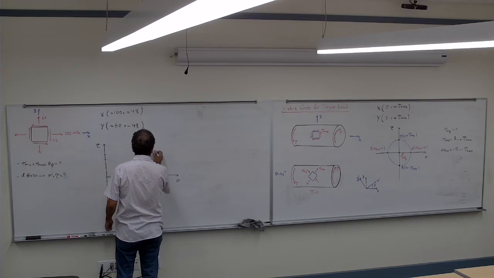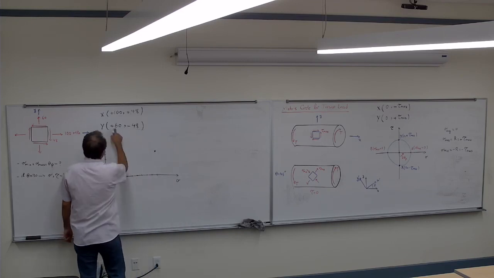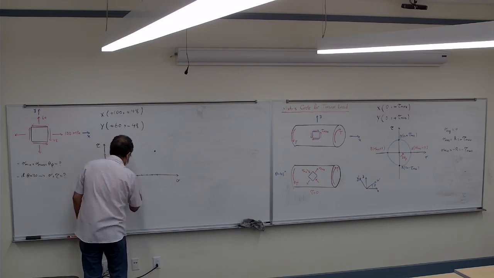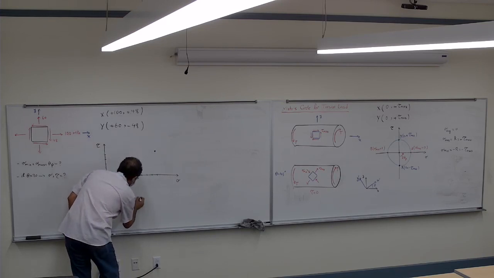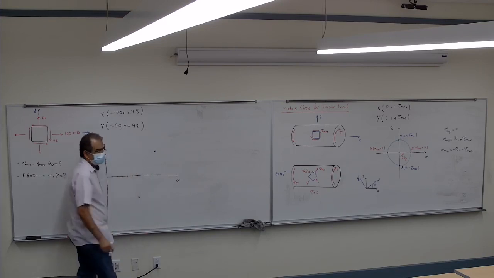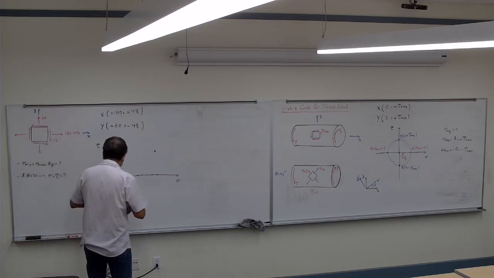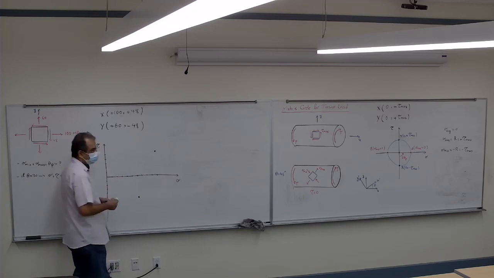That's my first point. The second point is 60 and negative 48, so it's going to be somewhere there. Those are the two points that I have, and then I'm going to make a circle through them.